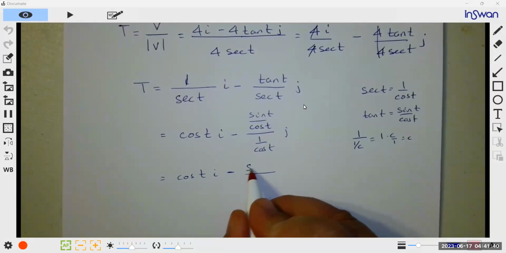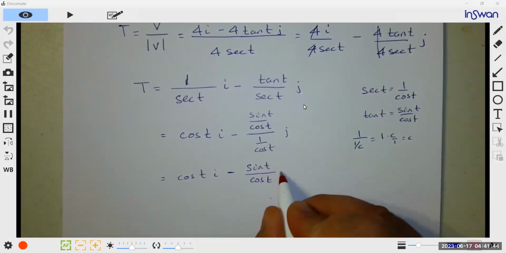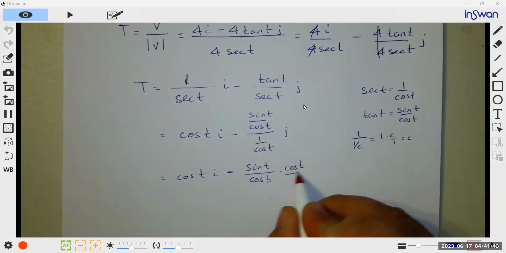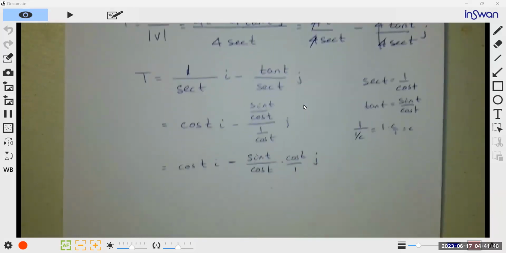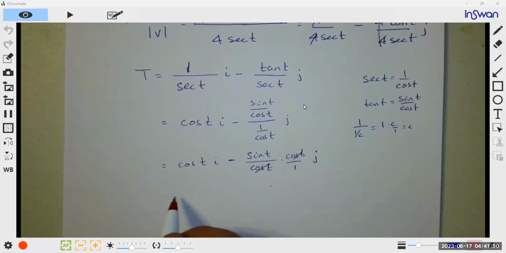Leave the top alone and flip the bottom. The cosines cancel.